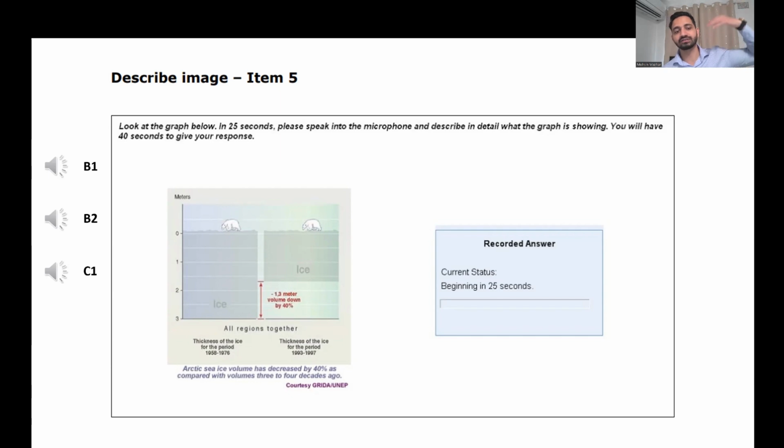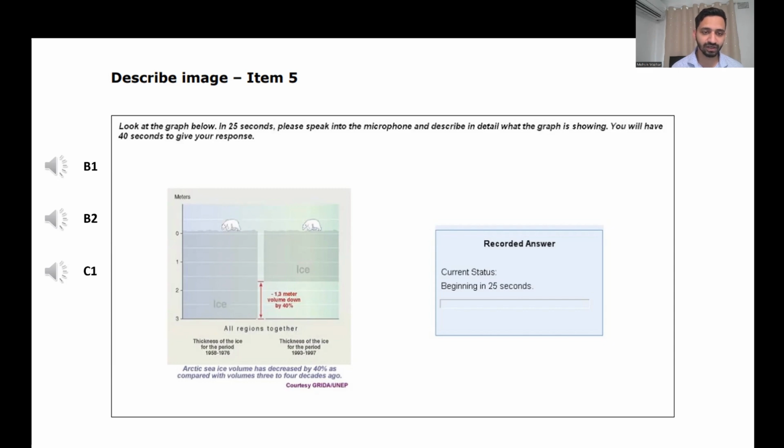It's about Arctic sea ice volume, and it has decreased by 40% compared to the volume 3 or 4 decades ago. And then we look at, on the y-axis we've got meters, and on the right hand side we've got ice, and we've got two portions of this.